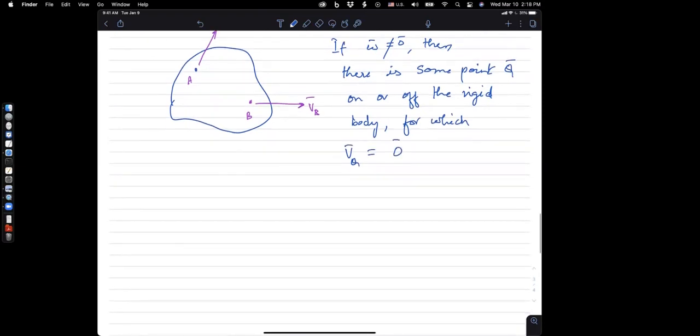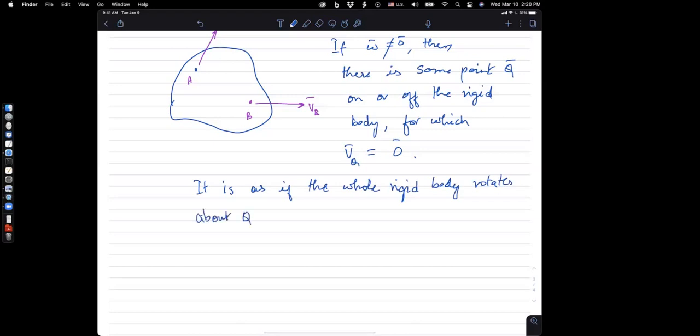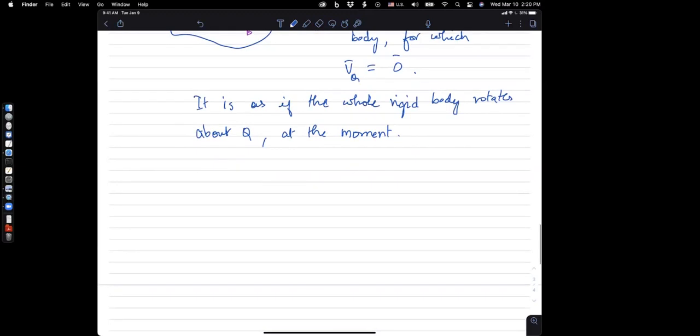It's as if the whole rigid body rotates about Q at the moment. And Q is called the instantaneous center of rotation.